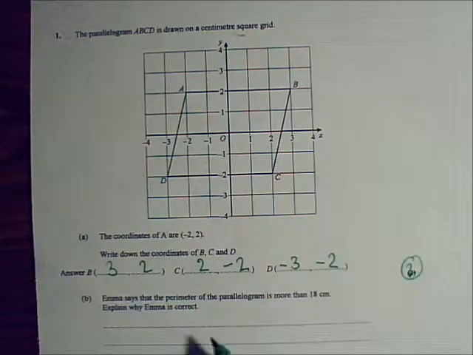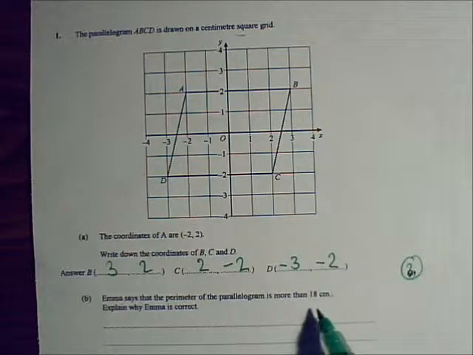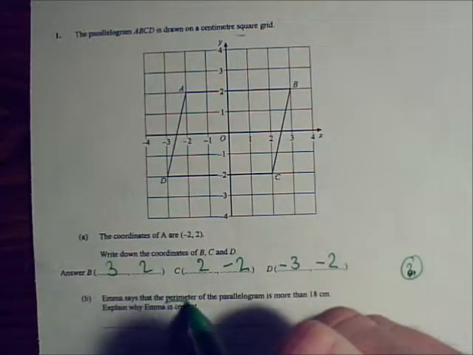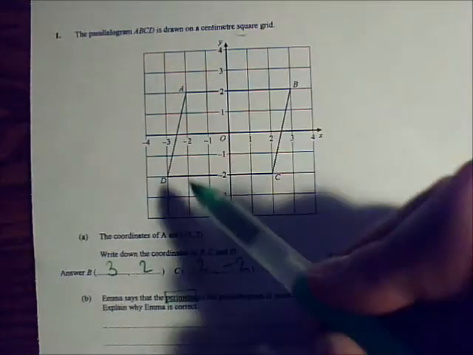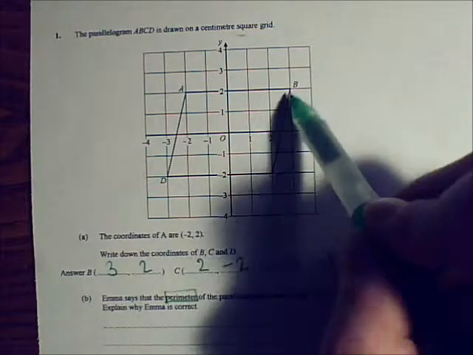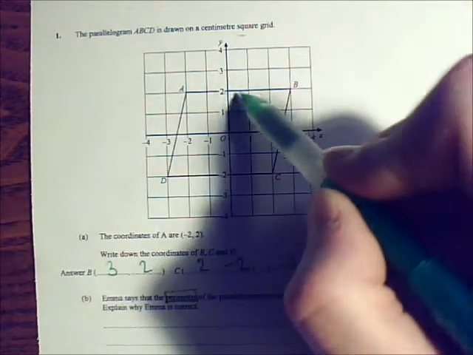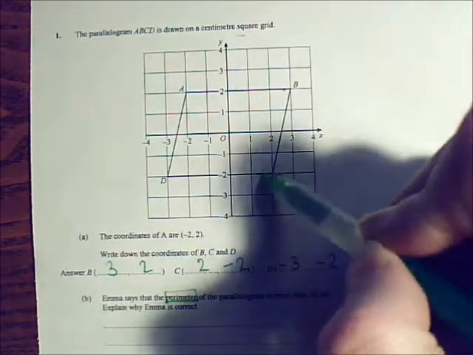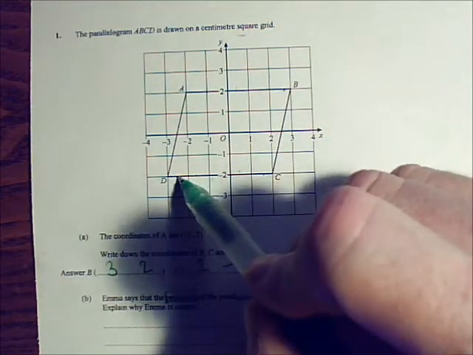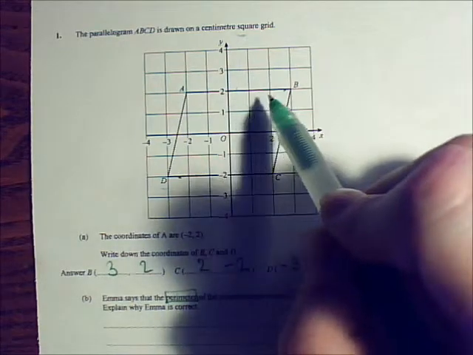Now Emma says the perimeter of this parallelogram is more than 18 centimetres. How do we know she's correct? Well, perimeter means the distance right the way around the outside. So what is the distance all the way around the outside of this shape? So we've got 1, 2, 3, 4, 5 squares across the top. 1, 2, 3, 4, 5 squares across the bottom. So that's 10 squares there and there.